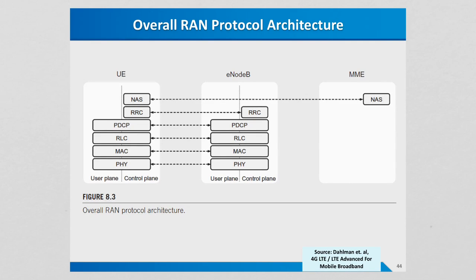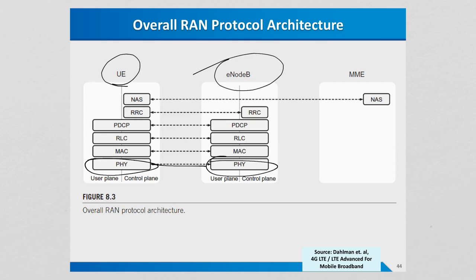So LTE in general uses a layered architecture, and at the lowest level you have a physical layer, and here we have the UE, that's your mobile unit and mobile terminal, and E-node B, that's your base station, and they can communicate through a peer-to-peer connection at the physical layer. Going up layers is very much like the OSI layered protocol stack, although it's a little bit different.